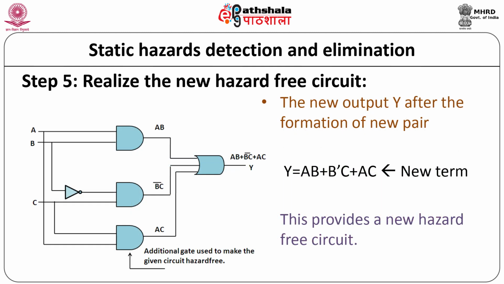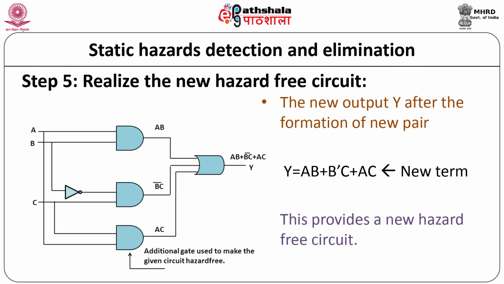Step 5, realize the new hazard free circuit. From the K map, it is clear that this new pair gives rise to the product term A into C. This new redundant term is added into the Boolean expression.